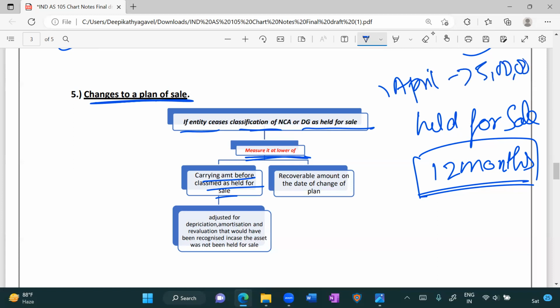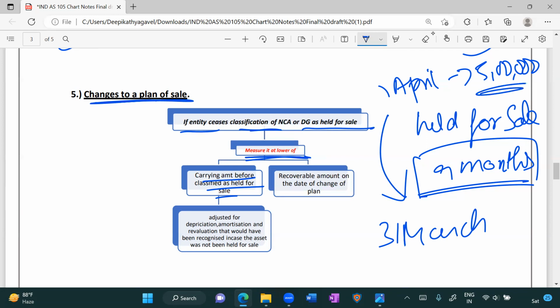So the standard says take this 5 lakhs, and let's say you decide to do this on 31st March or any other date, 9 months, whatever is the date. From 1st April to that particular date when you're deciding it to not be classified as held for sale, that period's depreciation also needs to be adjusted with this 5 lakhs. In case there's revaluation, that also should be taken into consideration, and that amount should be compared with the recoverable amount on the date of change of plan.